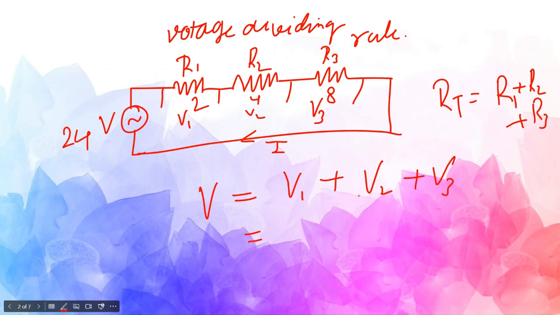All right. So V1 equal to V into R1 by RT. This is RT, this is R1. So what is RT? RT equal to 2 plus 4 plus 8. So it is 14, right?